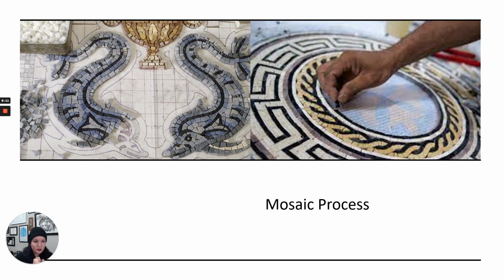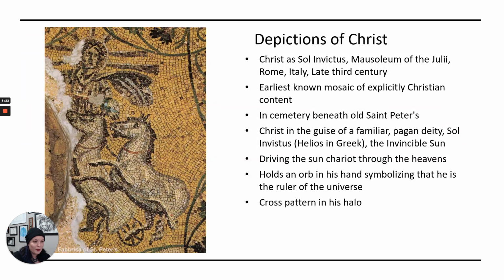The individual tiles are called tesserae, right? And those are painstakingly made, then glazed, and then arranged to create images. And this is very popular during the Byzantine era, so it's a technique that we want to be aware of, its continuation.